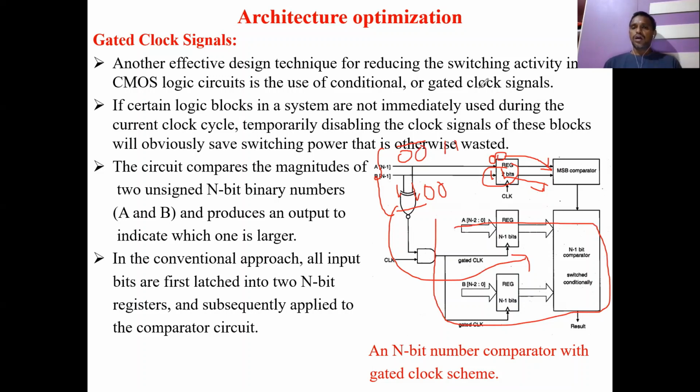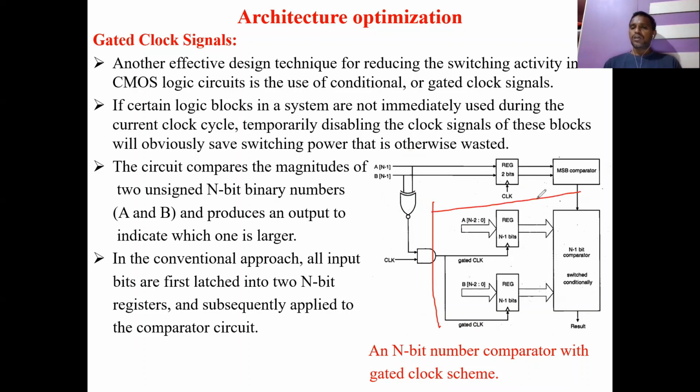So we can reduce more power by disabling the clock signal for these blocks, because the decision is already taken by the MSB comparator. This type of clocking is called conditional clocking, or gated clock signals.